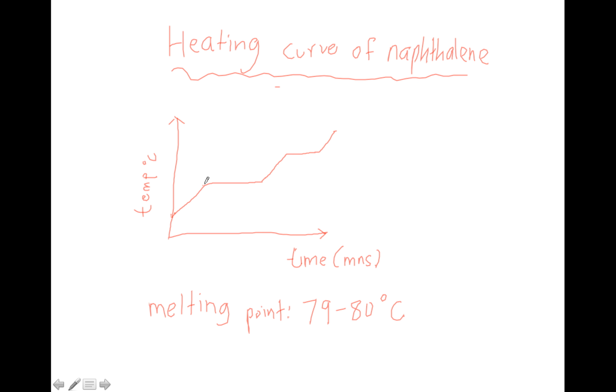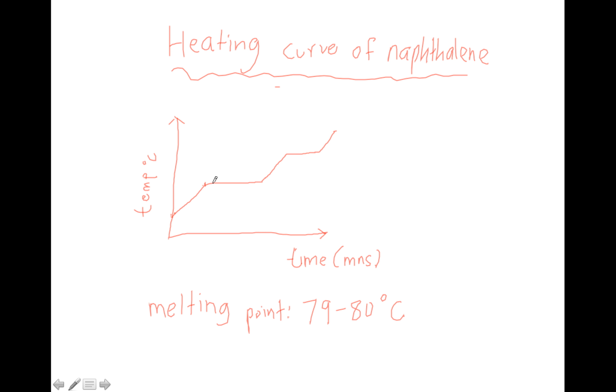At this line, the solid is at a constant temperature. The temperature is not increasing. What is happening? The bonds of the solid are being broken. The heat energy applied is used to break the bonds, and what happens when the bonds break? The particles move apart. So at this stage, the solid becomes a liquid.